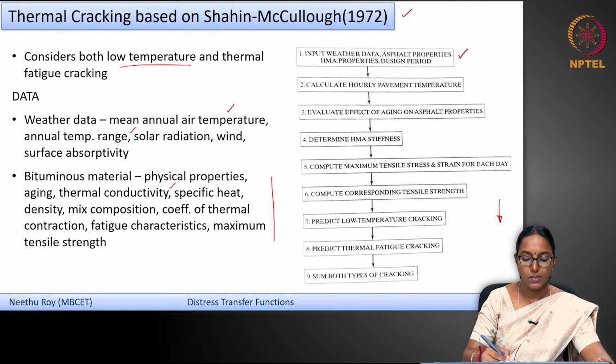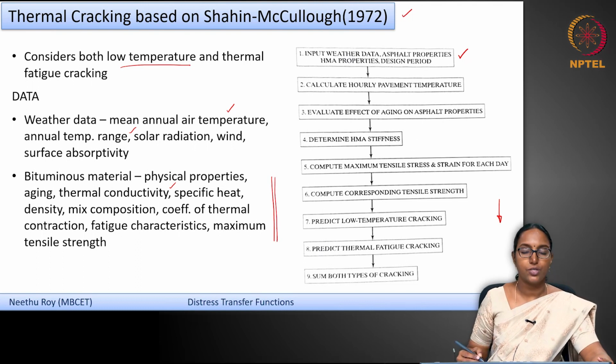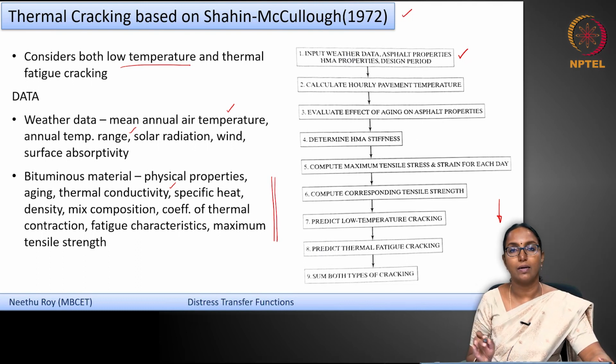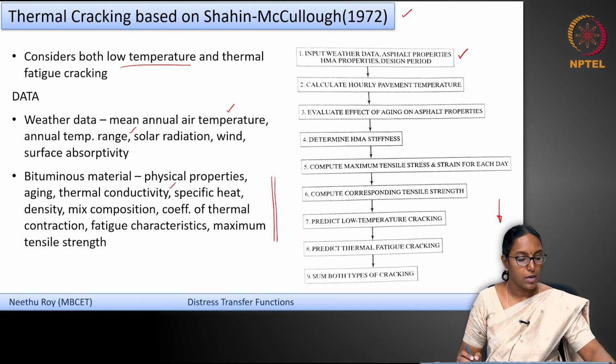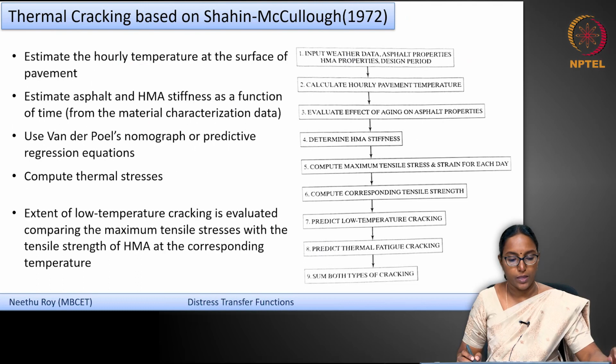All these come under the material characterization part, which is related to the low temperature cracking. So this information has to be given as an input.